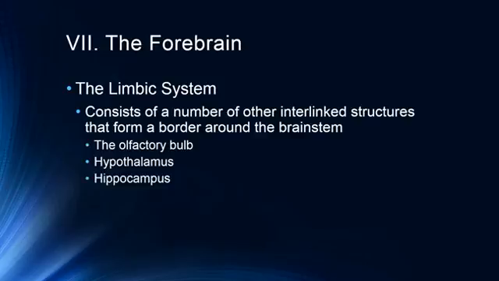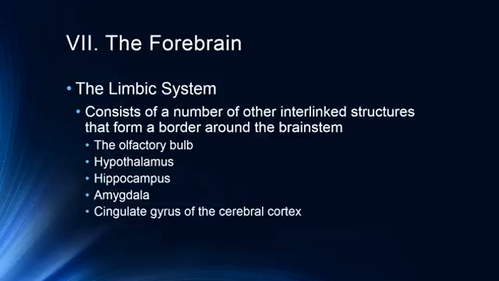The hippocampus, which is primarily involved in learning and memory, and in particular our ability to navigate and remember places. The amygdala, which is involved in emotional processing, in particular fear and aggression. And the cingulate gyrus, which is part of the cerebral cortex. So these structures together form the limbic system, they're particularly involved in memory, emotion, and of course our sense of smell.